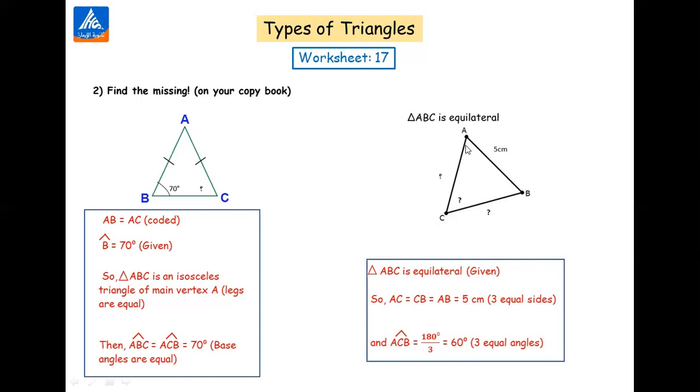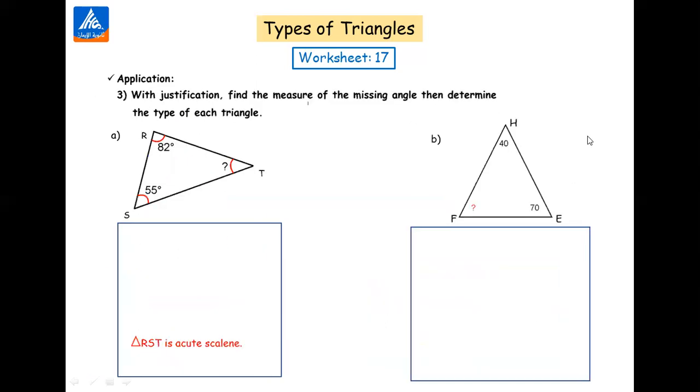And since the three angles in an equilateral triangle are equal, I divide the 180 degrees equally among the three angles. So each one will get 60 degrees.